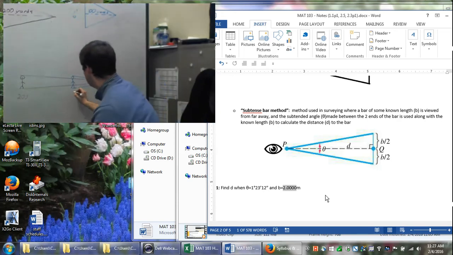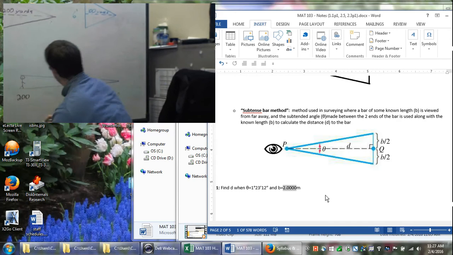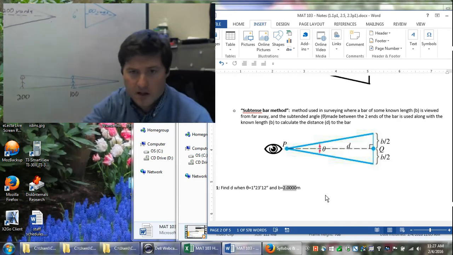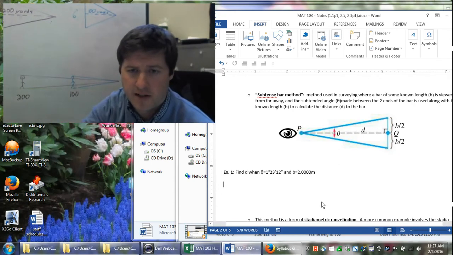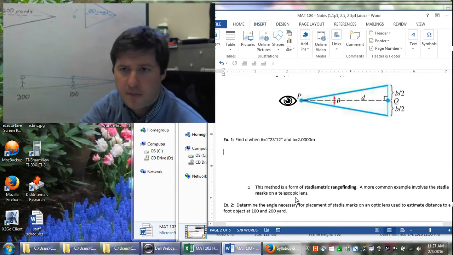I don't know how we got a stick this precise, but 2.0000 meters. In reality, we probably couldn't measure that accurately using our optics here. So it's kind of a waste of precision, but that's okay.